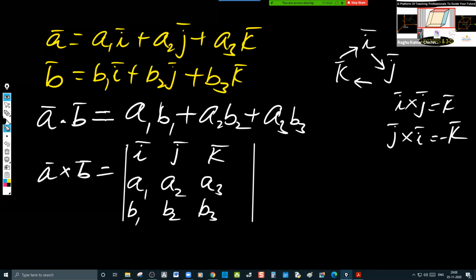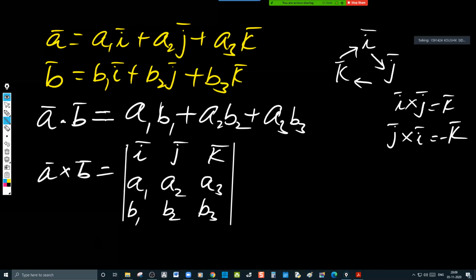This is to be understood, please. About the dot and cross, I think the working rule is clear for you both. Yes or no? Yes, sir.